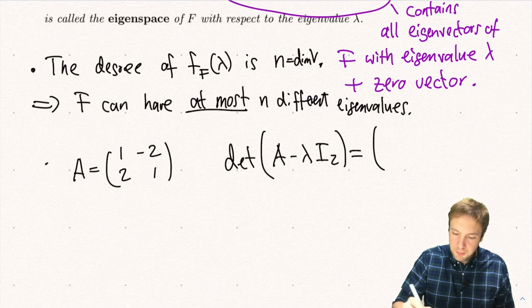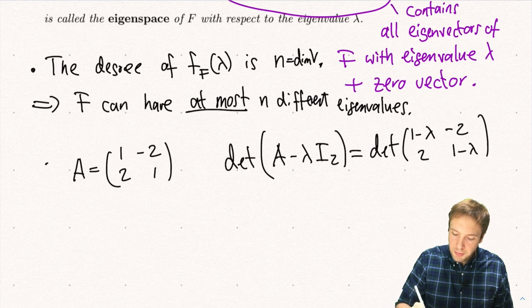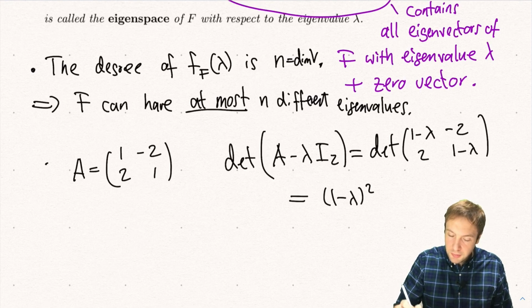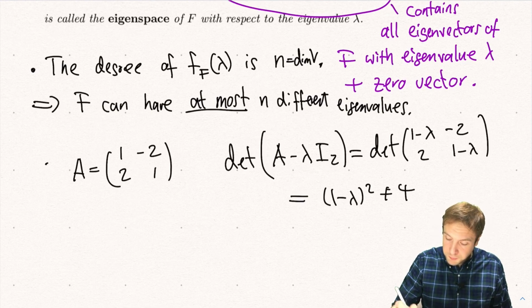This is the determinant of 1 minus lambda, minus 2, 2, 1 minus lambda, which is (1 minus lambda) squared plus 4.